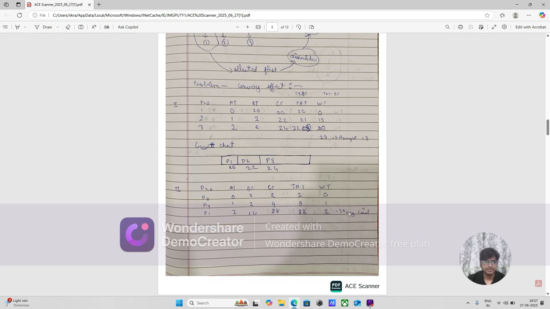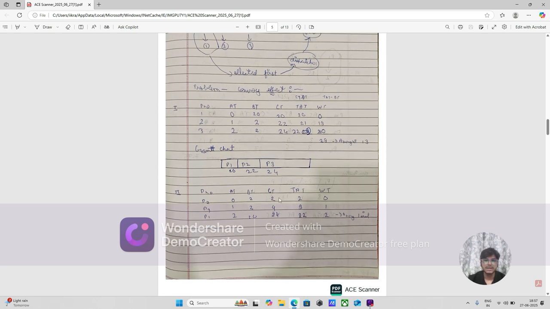So what will happen? If you see this, if the first process is big, the burst time is large, then the other processes have to wait a long time. So this convoy effect basically is this only.